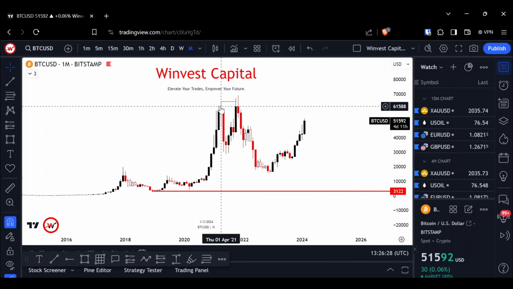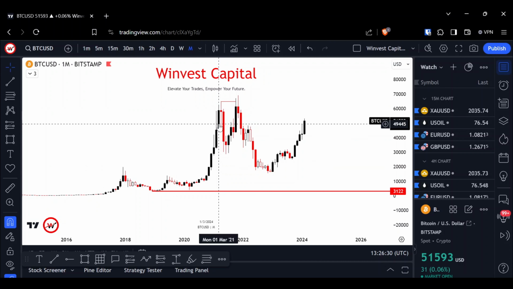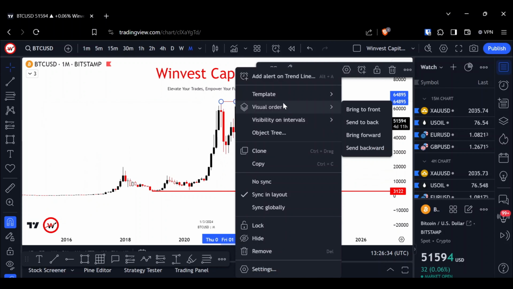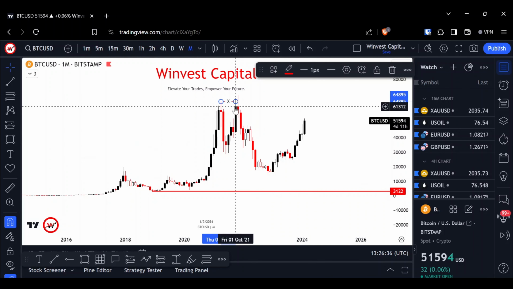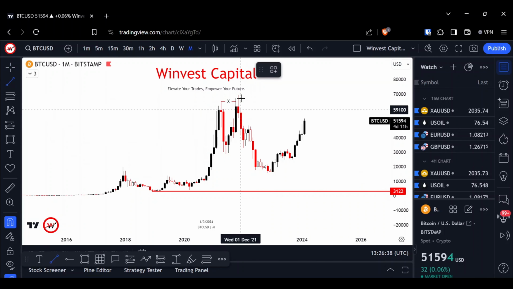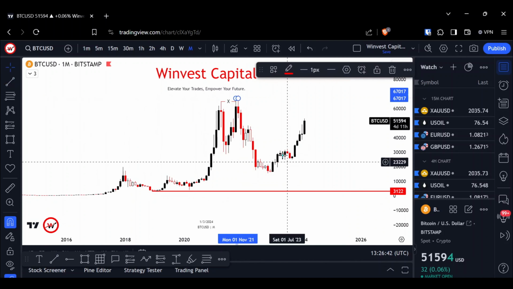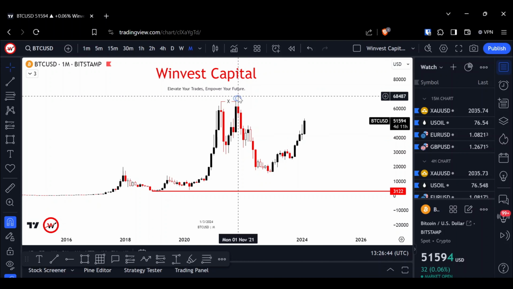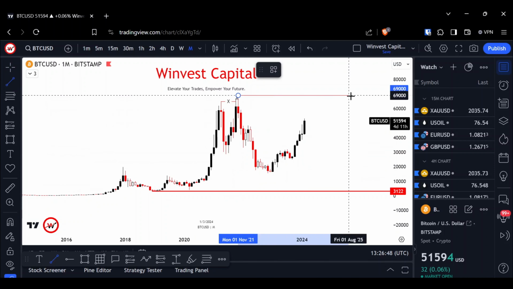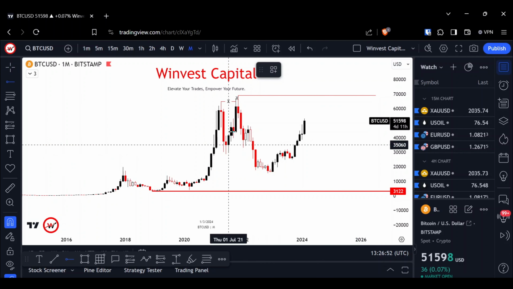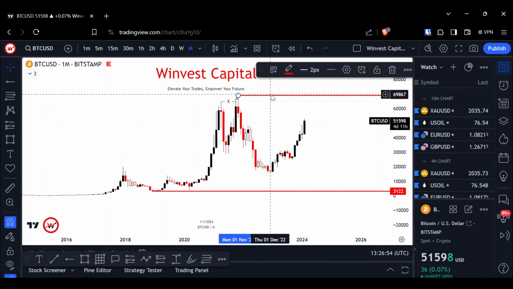It already made a sweep over here and it dumped, came back up, made a sweep over here, made another sweep right there, and that is the high, because this is the new high. Let's use this one.